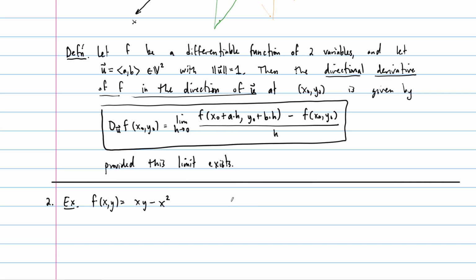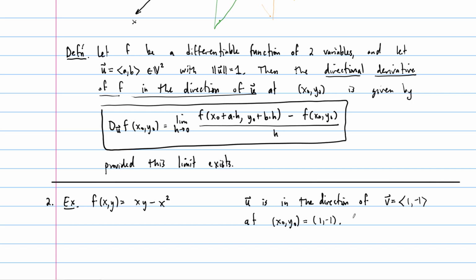And then I want my direction vector u to be in the direction of a vector I'm going to give you that is not a unit vector, which is going to happen frequently, but let's say 1, negative 1. And then I want to compute the derivative at the point in the domain that's also 1, negative 1. So x naught comma y naught equals 1, negative 1.